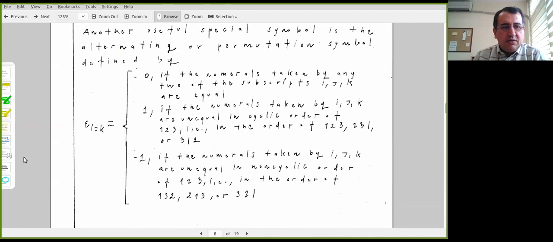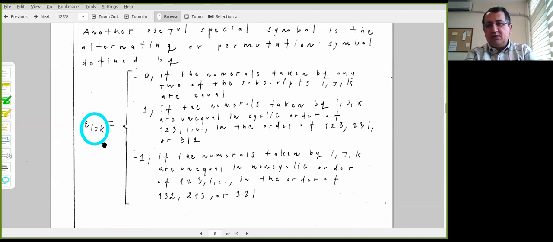The second one has three indices. It's epsilon ijk. Epsilon with two indices will be reserved for strain, but epsilon with three indices is not strain. It's a third order tensor, and it's called the alternating tensor or alternating symbol.